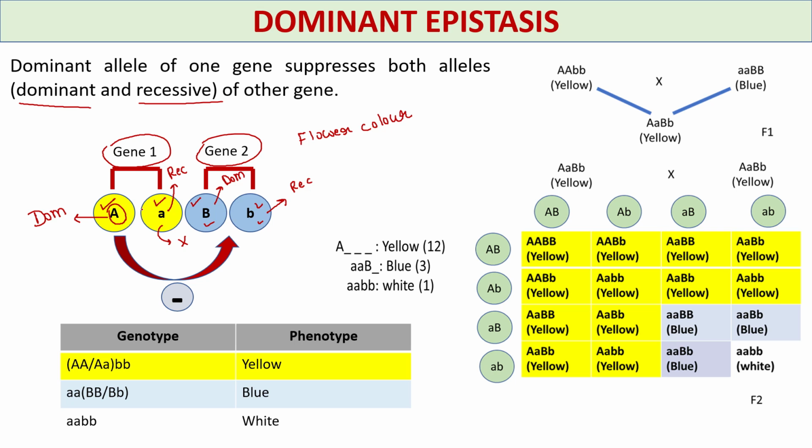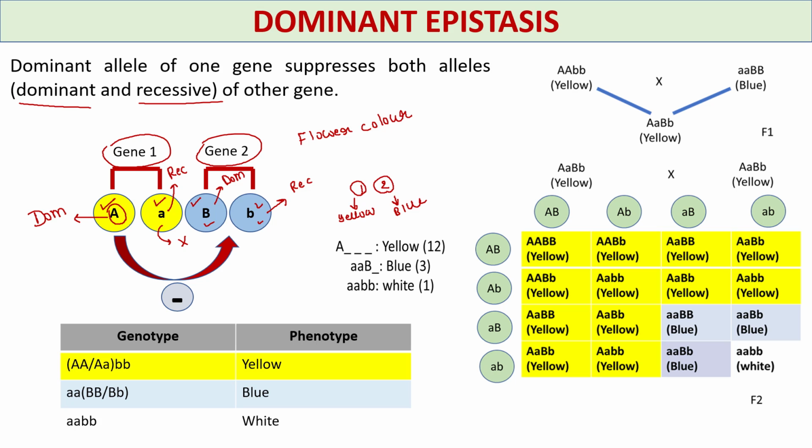Suppose a plant contains both gene 1 and gene 2. So both are there in a plant. Gene 1 gives a flower yellow color and gene 2 gives a flower blue color.